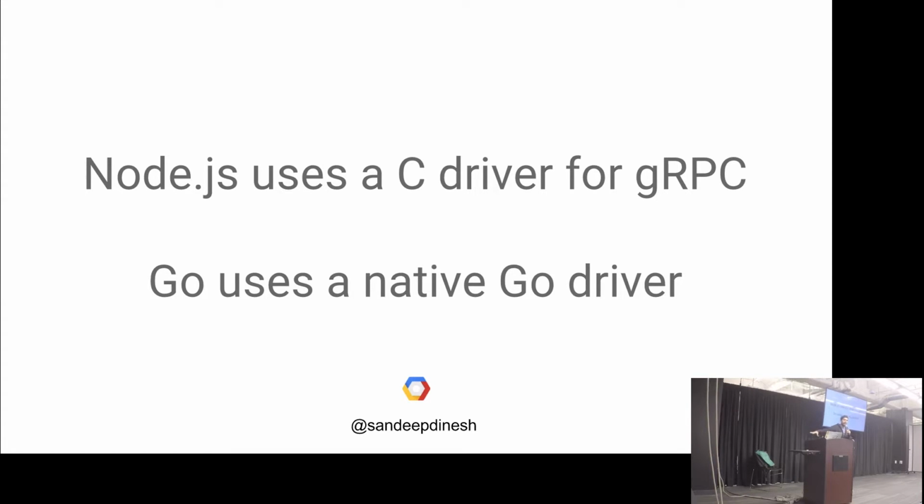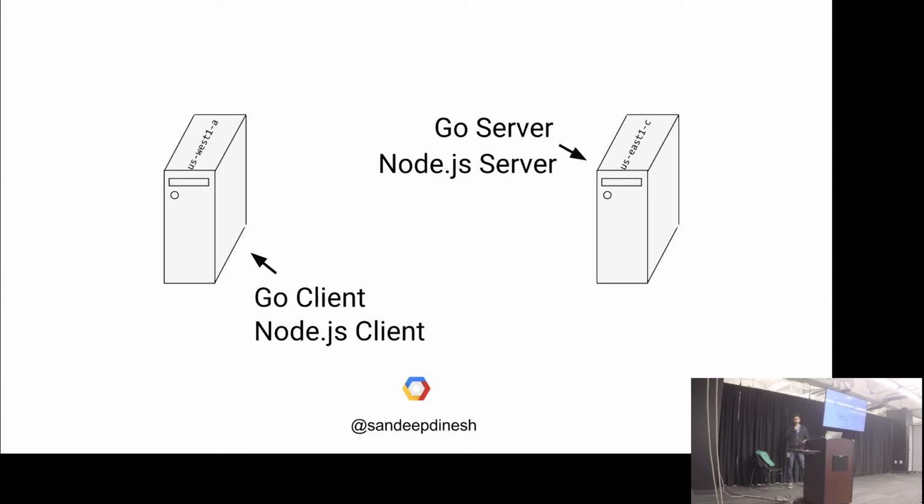It calls a C library to do the gRPC, so it has to translate between these different languages, etc. But Go, unlike most other gRPC languages, uses a native Go driver. So Go seems like an interesting choice, so let's do that again. So now I have a Go client and a Node client, and a Go server and a Node server. So yes, I re-implemented both in Go, which is fun.